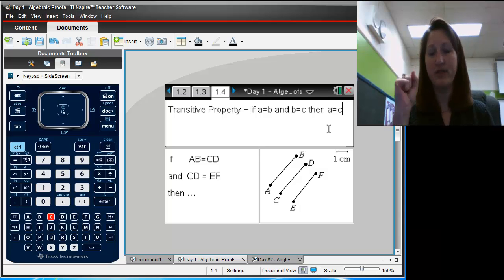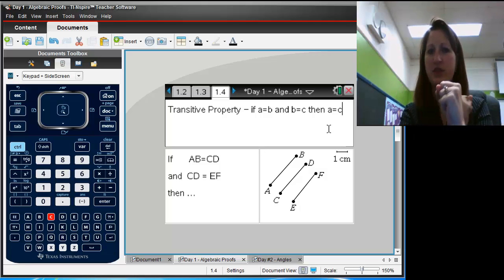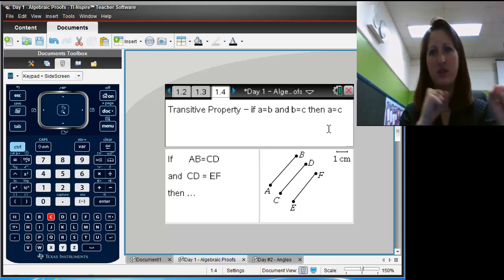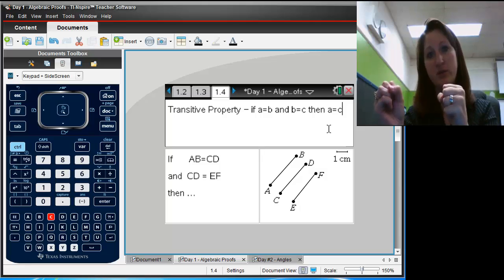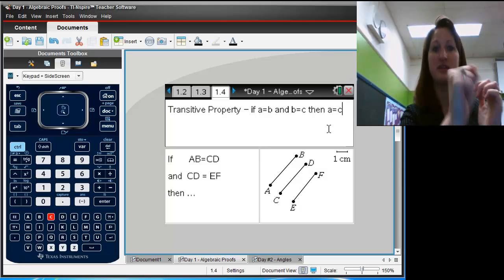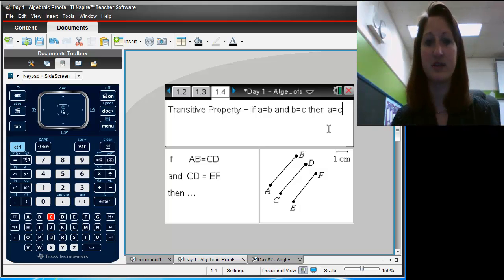But if you have one thing, A, equal to something else, which is B, and then B is equal to a third thing, which is C, then the first thing and the last thing have to be equal. So basically it's just a fancy way to say if 2 things are equal, and this thing's equal to another thing, then basically everything is equal.